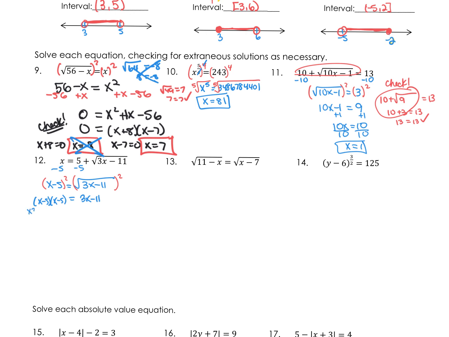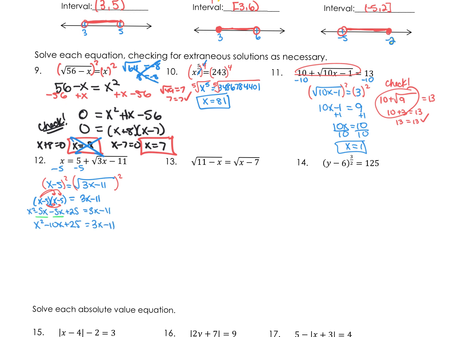So this will be x squared minus 5x, because we're doing x times x, x times negative 5, negative 5 times x, and negative 5 times negative 5. So minus 5x plus 25 is equal to 3x minus 11. Combine like terms over here, we'll have x squared. Combine these two, we'll have negative 10x plus 25 equals 3x minus 11.